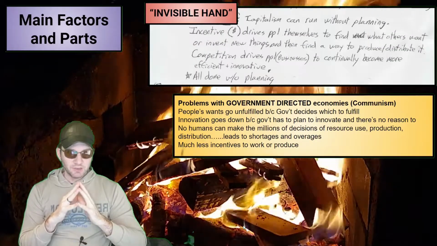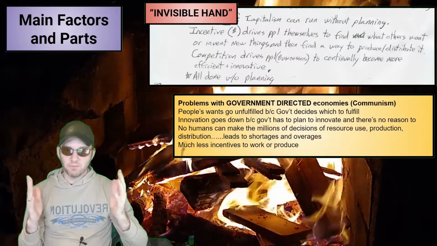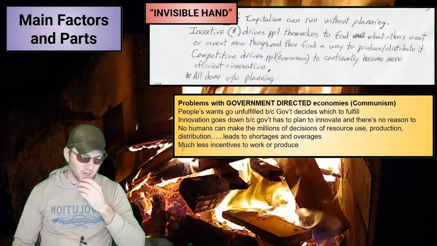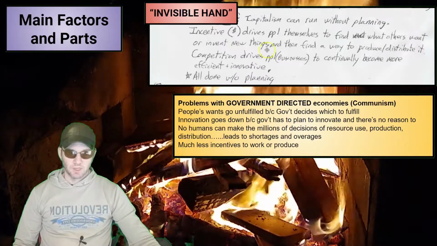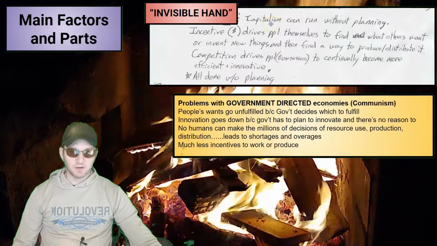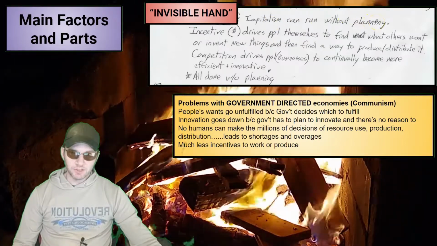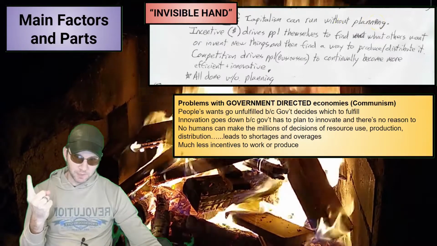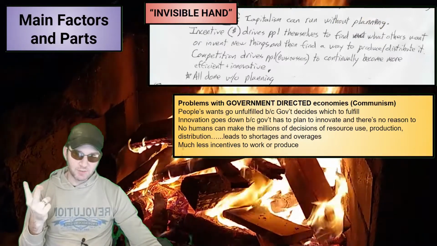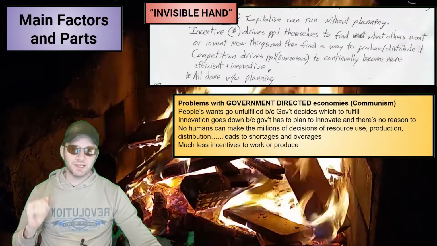So it's actually very amazing that capitalism makes itself. Capitalism and buying and selling and the organizing of resources runs without any planning. All you have to do is introduce money, which is the incentive, and competition, and everything organizes itself.